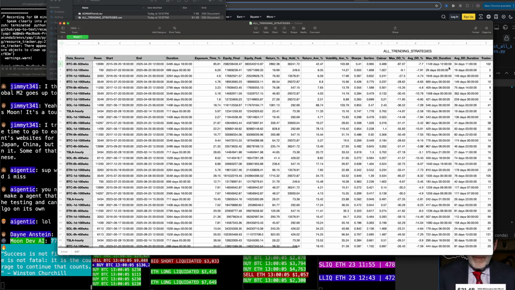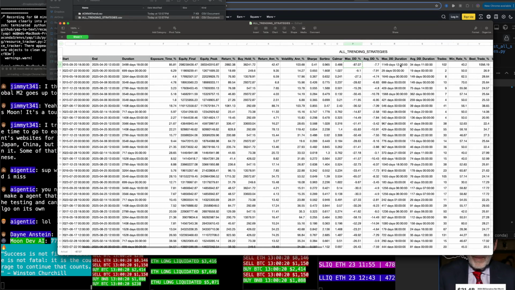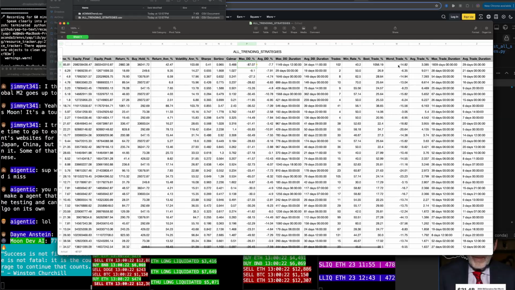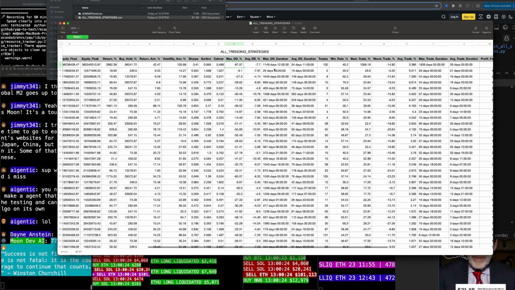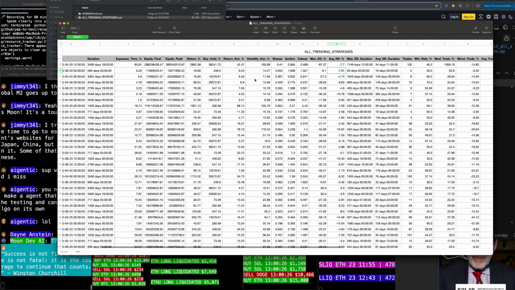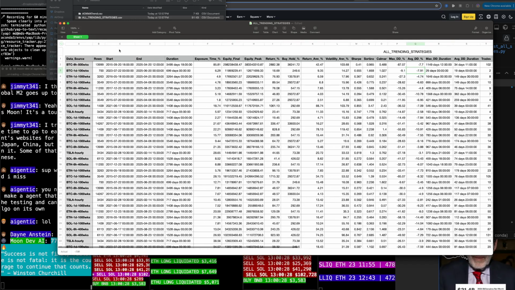Bollinger trend. How many trades does it have? 87% drawdown though. Fudge. But this is so nice to be able to go through all of these strategies.